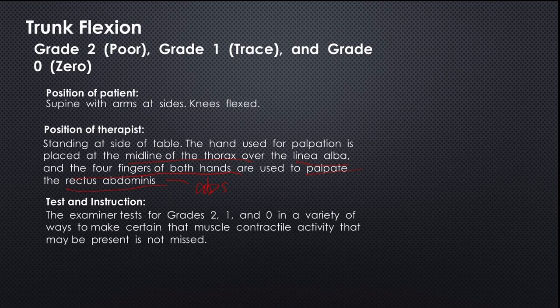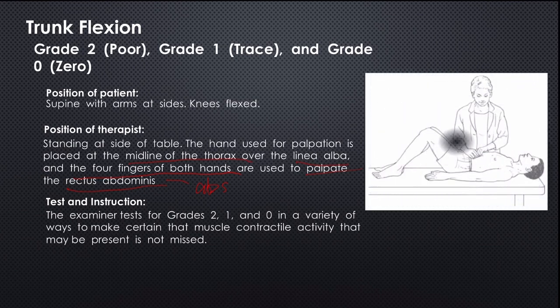Test and instruction: the examiner tests for grade 2, 1, and 0 in a variety of ways to make certain that any muscle contractile activity that may be present is not missed. So ask the patient to attempt to flex the trunk.